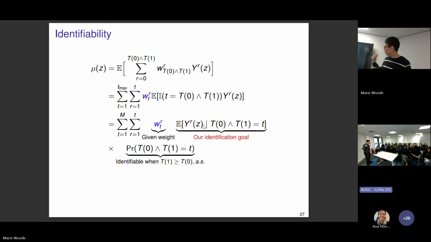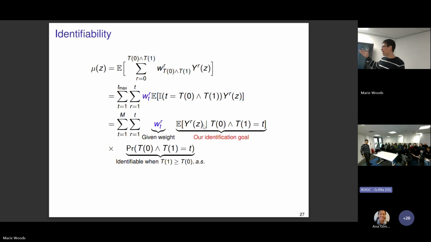In fact, there's an interesting fact that if you choose the weight in a particular way, then you can get back the survival average causal effect. But that weight is not very intuitive. No one would think of that weight in the first place. But mathematically, you can choose a weight in a way such that you get back the survival average causal effect.